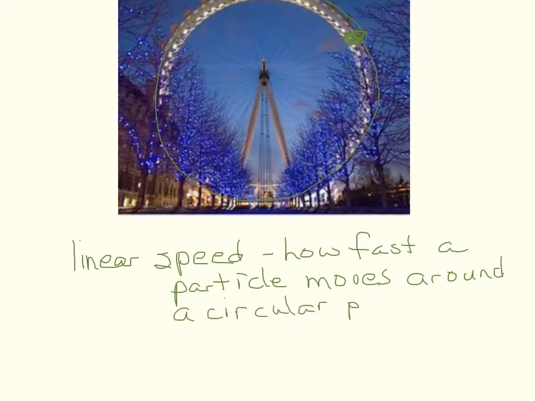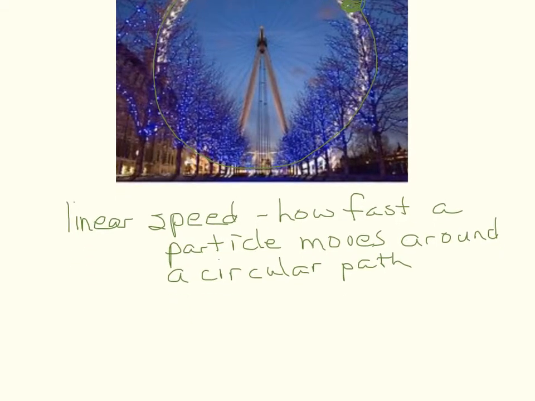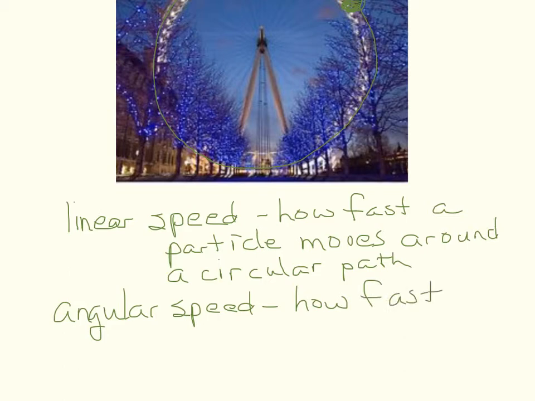So when you're thinking linear speed, we're really thinking circumference. What's happening on the outside? Angular speed is how fast the angle changes. We're going to look at angular speed first, how fast the angle changes.